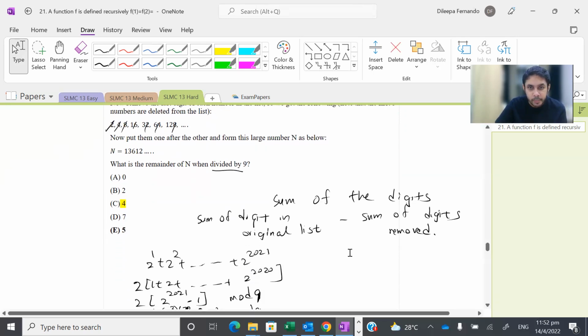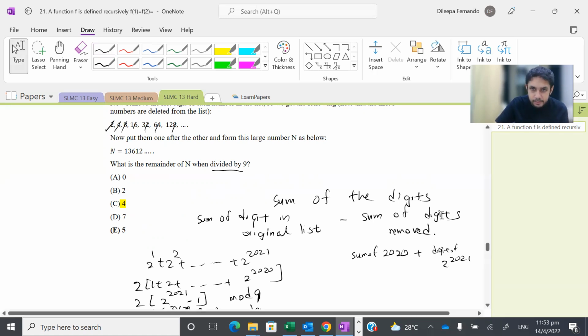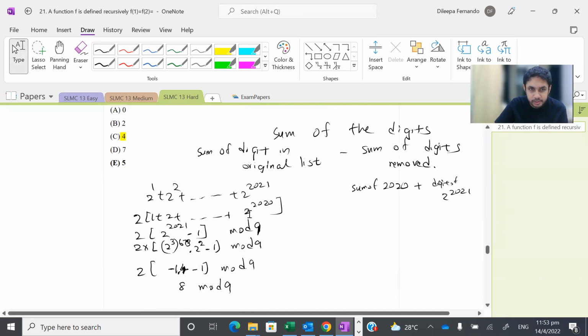So here you can write the sum of 2020 terms plus the last digit of 2 to the power 2021. The last digit of 2 to the power 2021 we can find by the same rule.